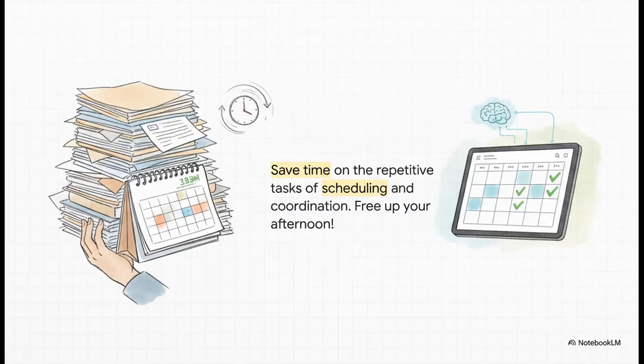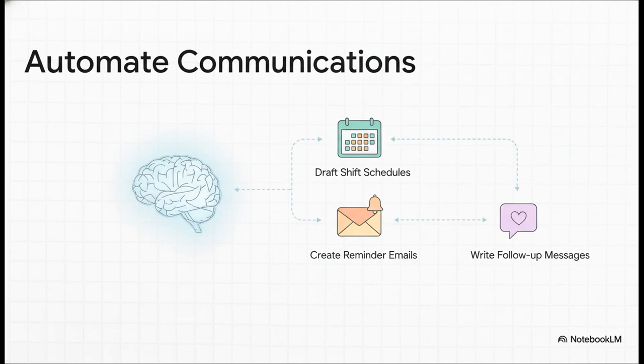Okay, so let's build on that and move to the logistics side of things, because this is where you can save a huge amount of time. I'm talking about scheduling and coordination. Those repetitive tasks that can just eat up your entire afternoon. This is where AI basically becomes your communications assistant. It can draft your shift schedules, create personalized reminder emails for every single volunteer, and even write those really important follow-up messages to say thank you and ask for feedback.